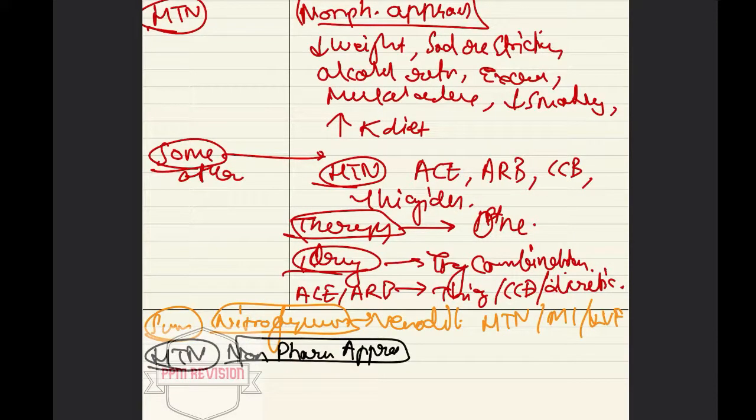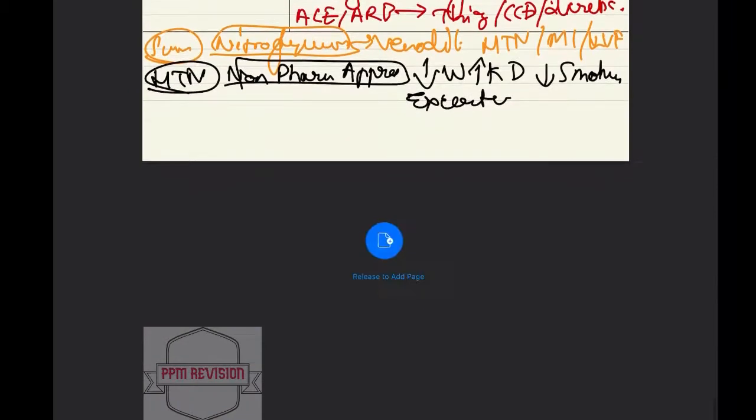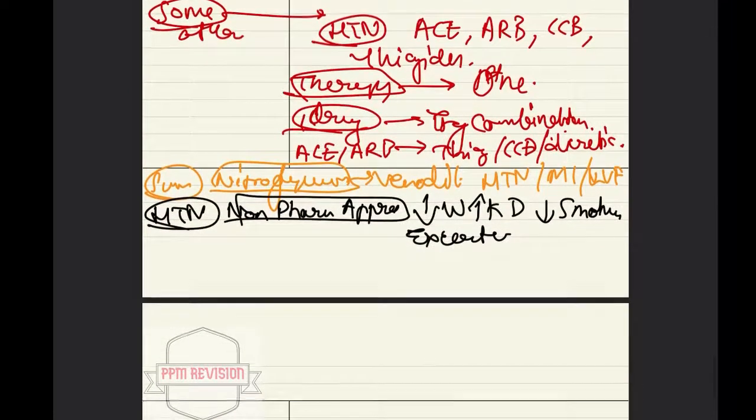This includes decrease in weight and increase in potassium diet. As well as you can tell the person to stop smoking, and you can also advise the patient on exercise as well as mental relaxation exercise. So these are some points which need to be known.